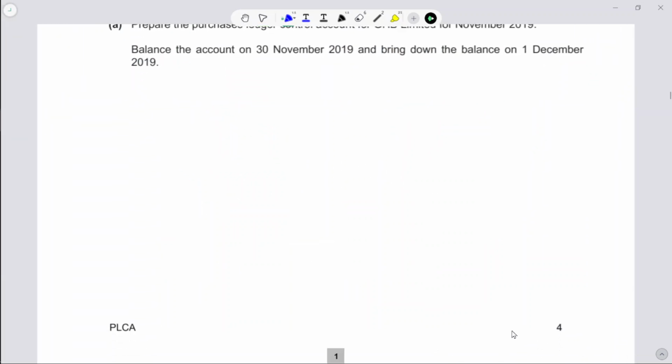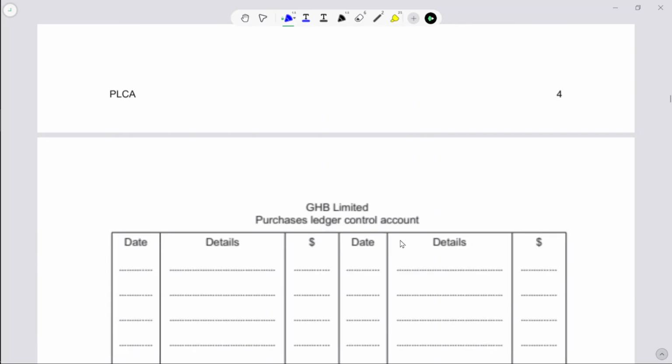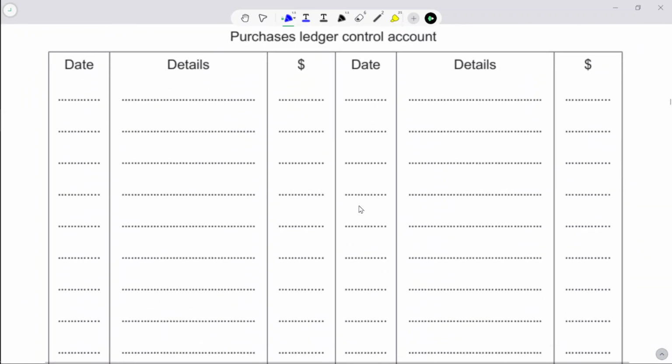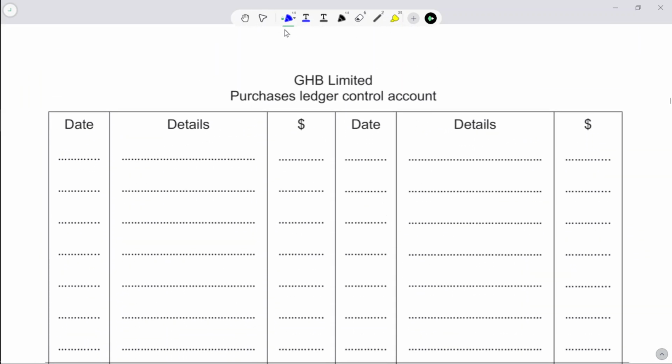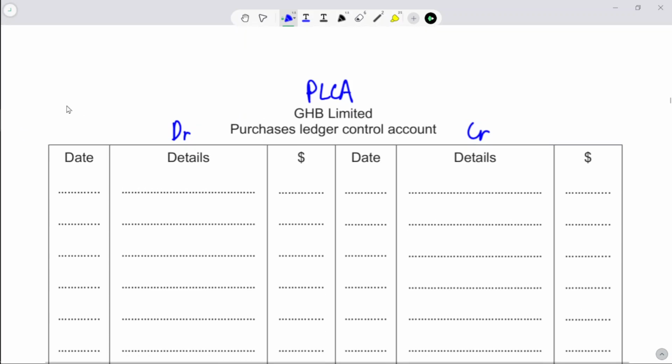Okay, now let's go to page 4. Then what does he want us to do? Yeah, he wants us to do PLCA. Okay, then this one left hand side is debit, right hand side is credit.